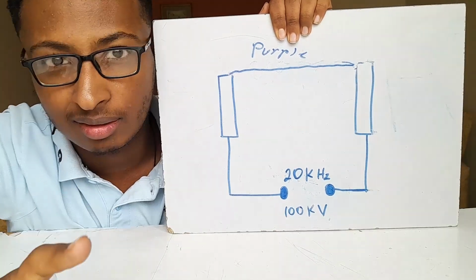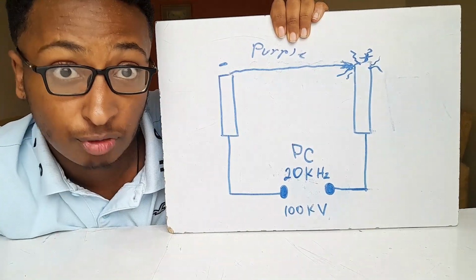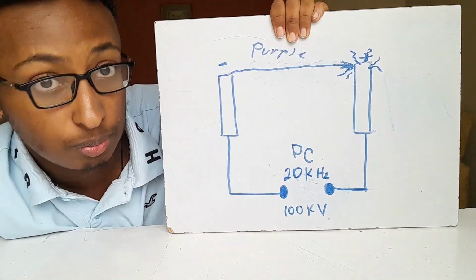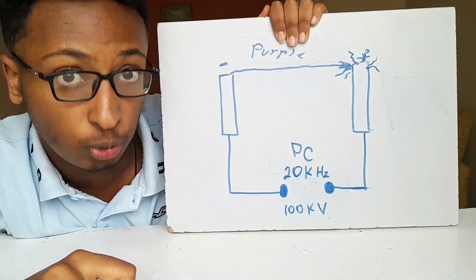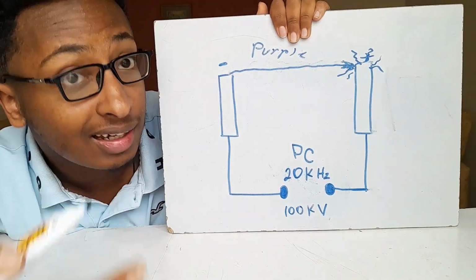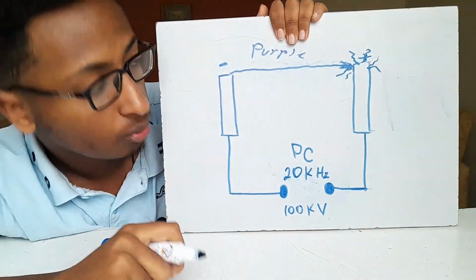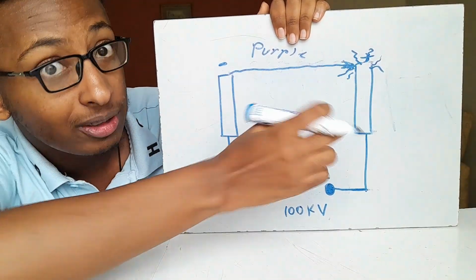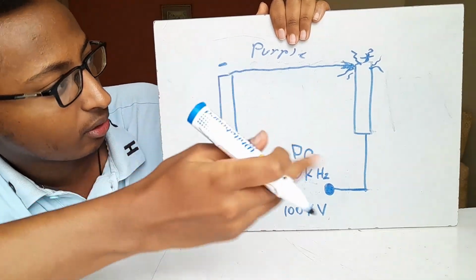But there's another thing. Purple is not the only thing that gets generated, because electrons are hitting an anode. That kind of kinetic energy and collision between these two entities will create heat on the anode only, not the cathode, because there's nothing colliding with it.